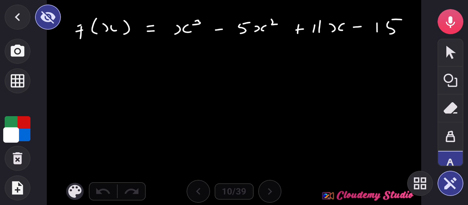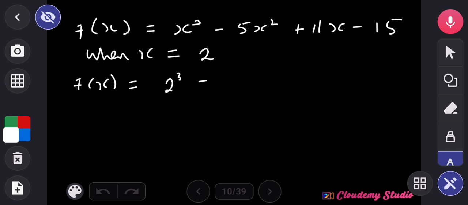When x equals, let me say 2, what are we going to have? f of x will be 2 raised to power 3 minus 5 times 2 squared plus 11 times 2 minus 15.